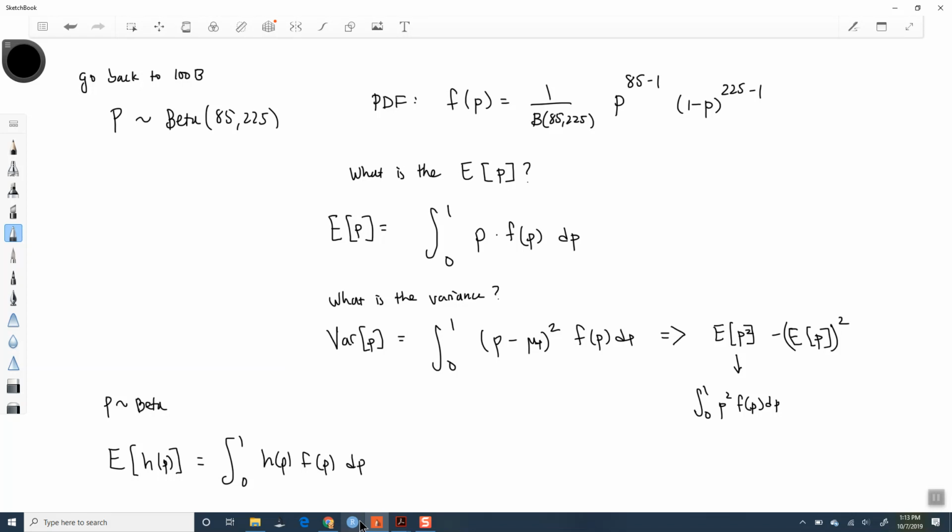Or more generally, the integral from negative infinity to infinity of h of x and f of x dx. This will be the expected value of h of x.